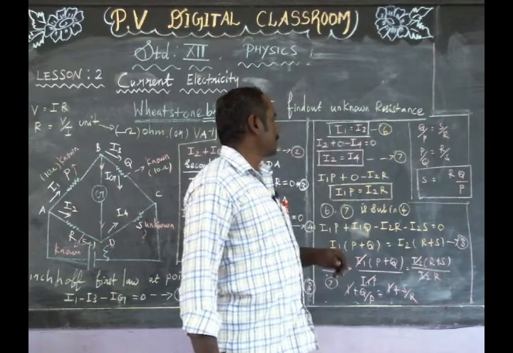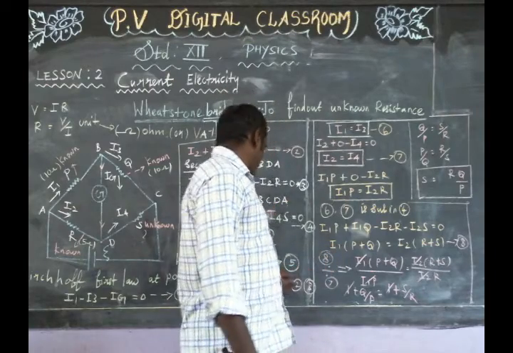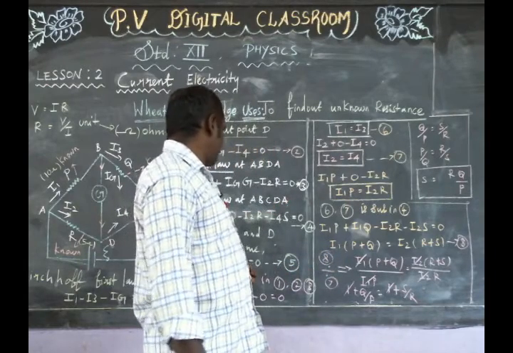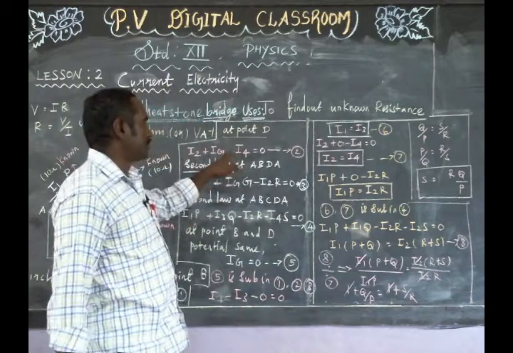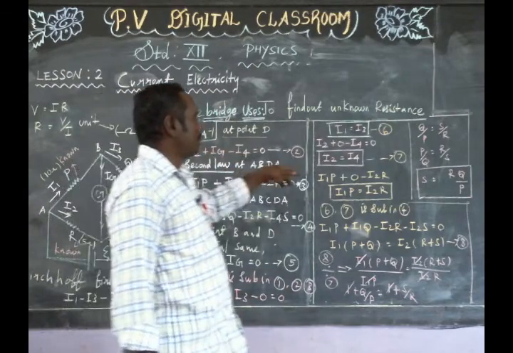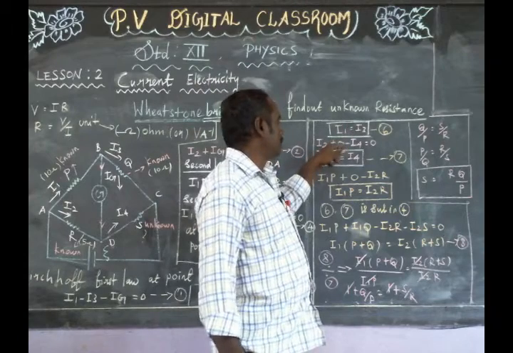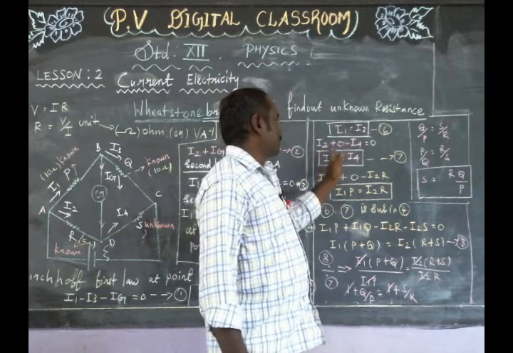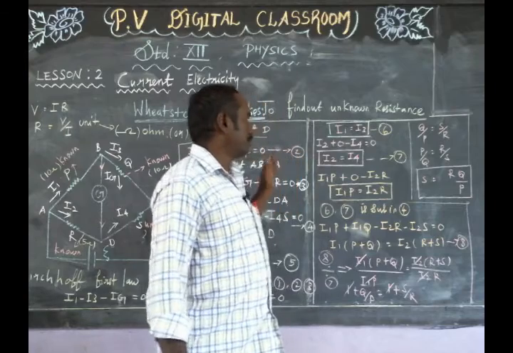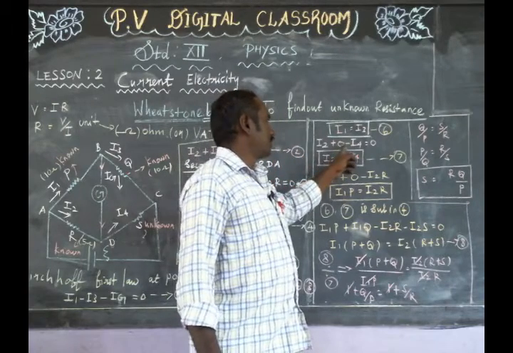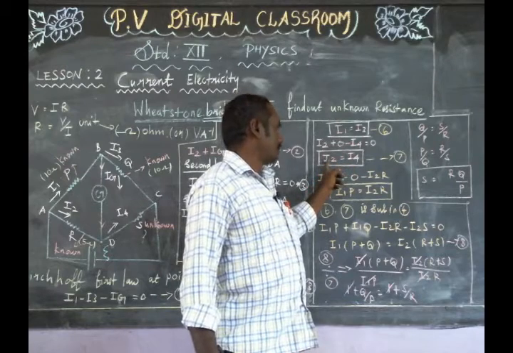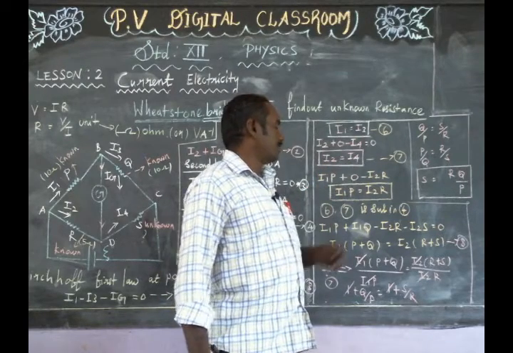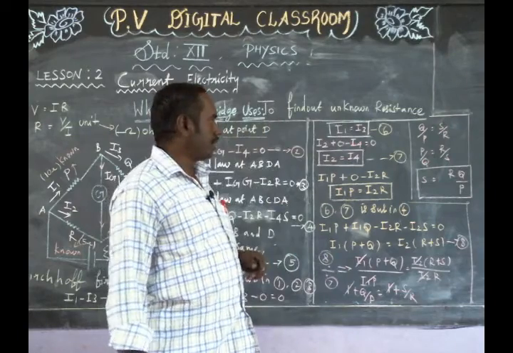This is equation 6. Substituting equation 5 in equation 2, Ig is 0, the minus goes to the right side and changes into plus, so I2 is equal to I4.